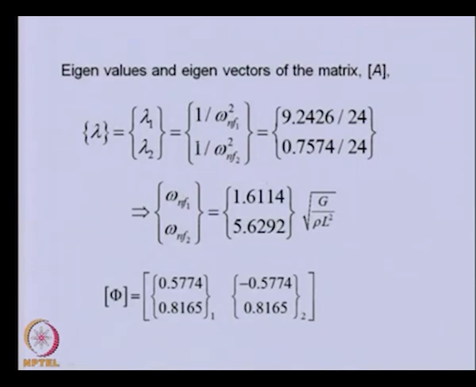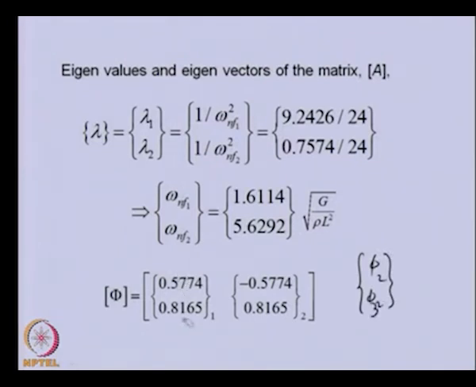Corresponding to that particular A matrix, this is the eigenvector. With software like MATLAB, we can directly get this eigenvector, and it represents how the two nodes, the second and third, get displaced, because in the previous equation we had two field variables, 2 and 3.